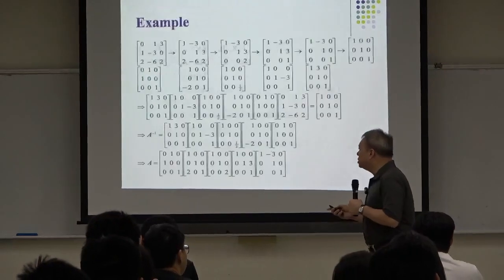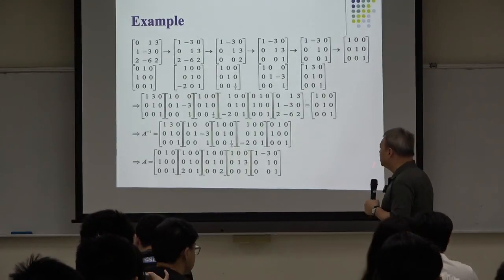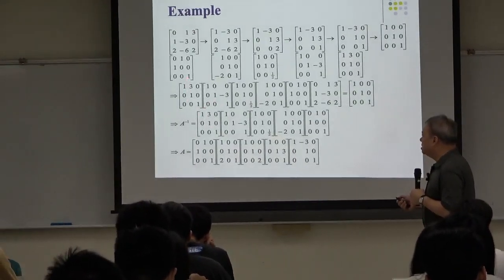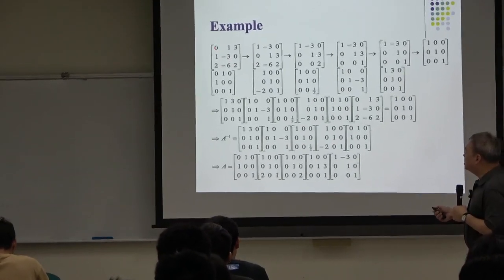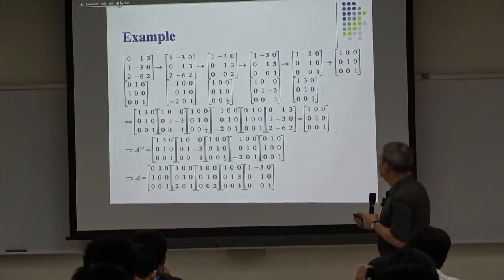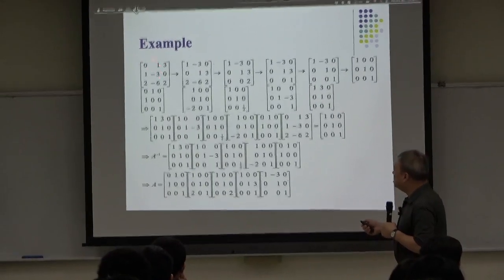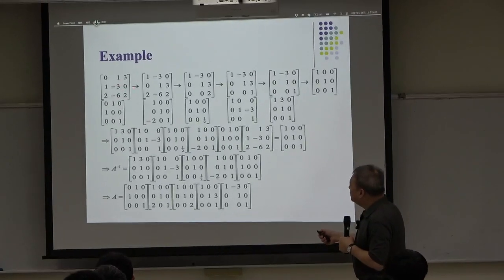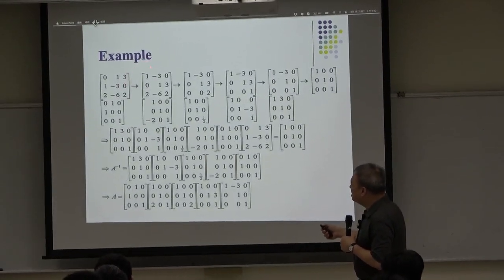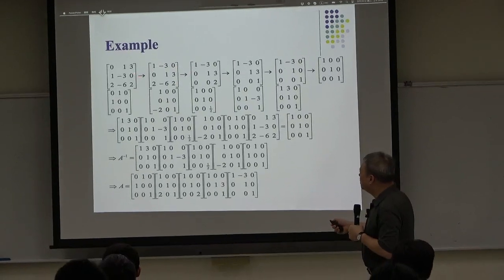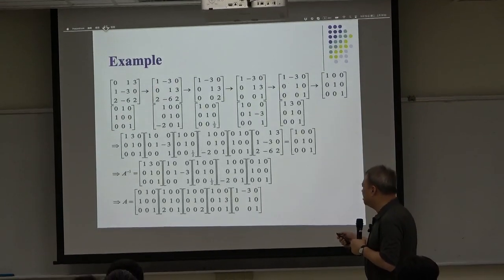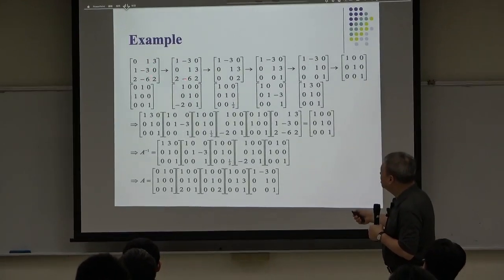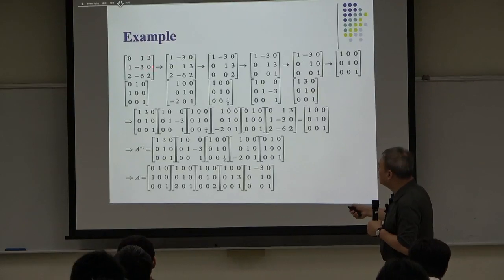So last time we finished till here, right? Basically, we are able to show you, for example, this is the original matrix. After the elementary row operation it becomes something like this, and the corresponding elementary matrix would be, for example, from here to here, you exchange the first row and the second row.